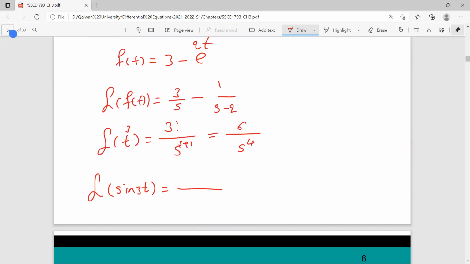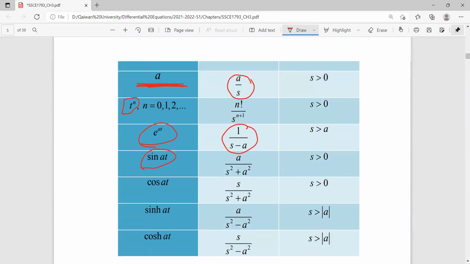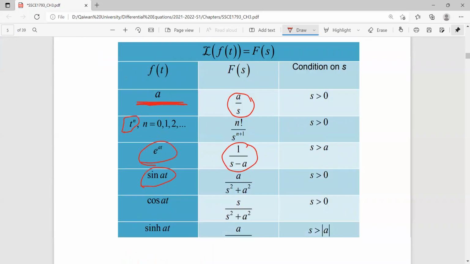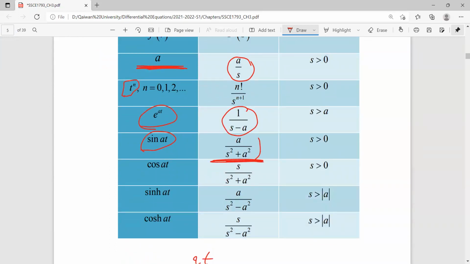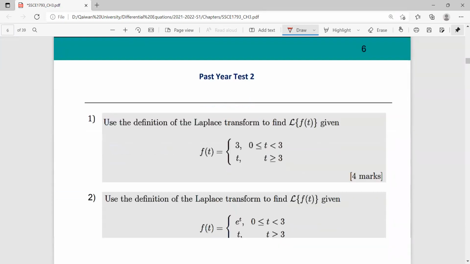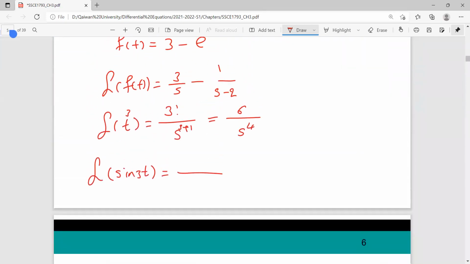What's a here? Determine a. A is 3. We just apply this rule. It's a over s squared plus a squared. A is 3, divided by s squared plus a squared, which is 9. That's all.